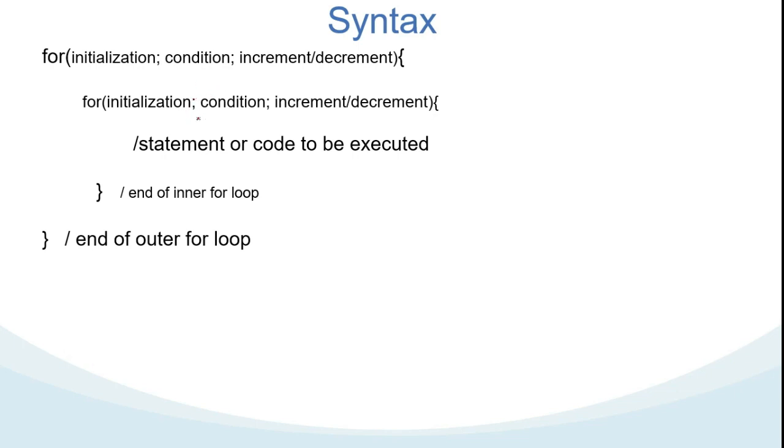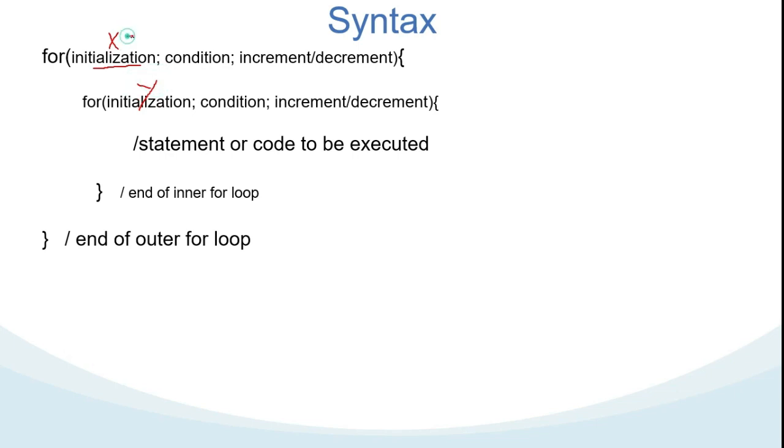So how does it work? At first, it will read the first initialization here and then check whether the condition is fulfilled. If it's true, it will enter the inner for loop. Again, it will initialize. For this case, we need to have two different kinds of variables. Say for example, you have x here, you have y here.